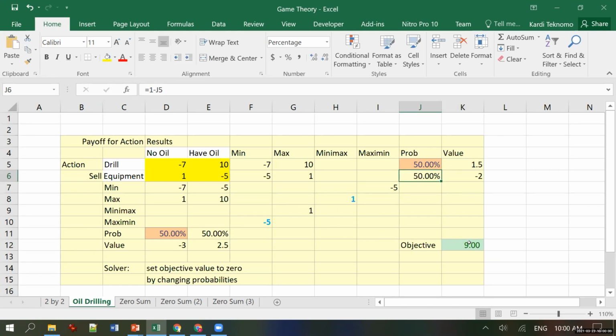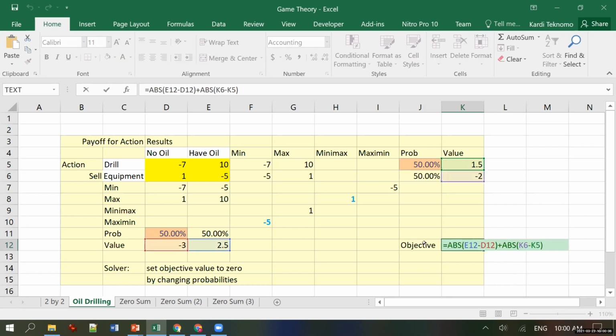So you see here, this one represents the difference of the value. The objective is that I want all this value to represent 0. Then I use solver.